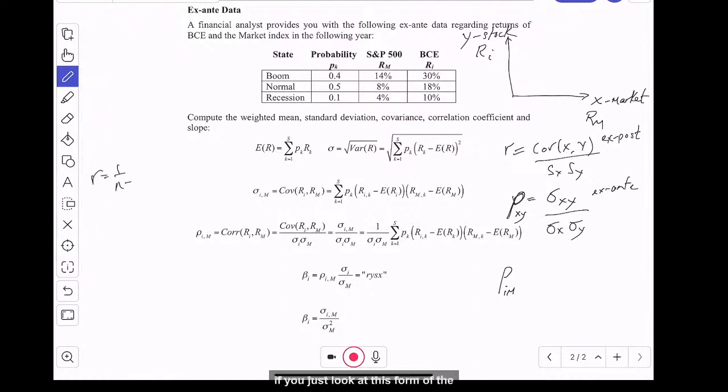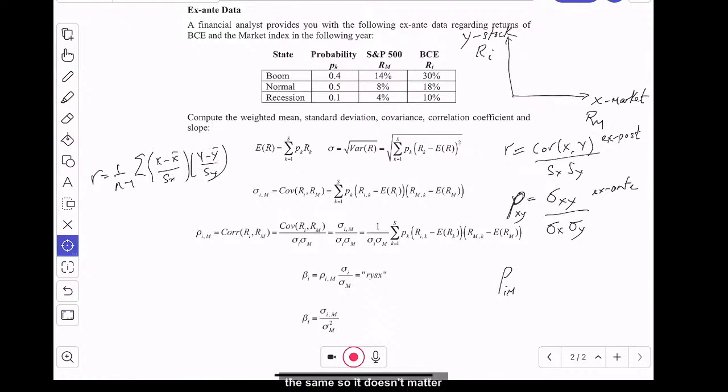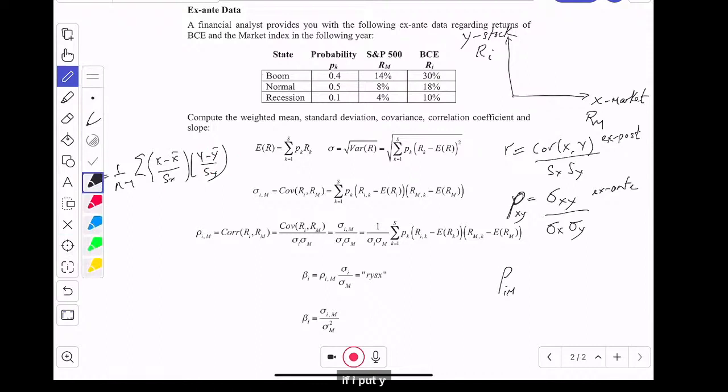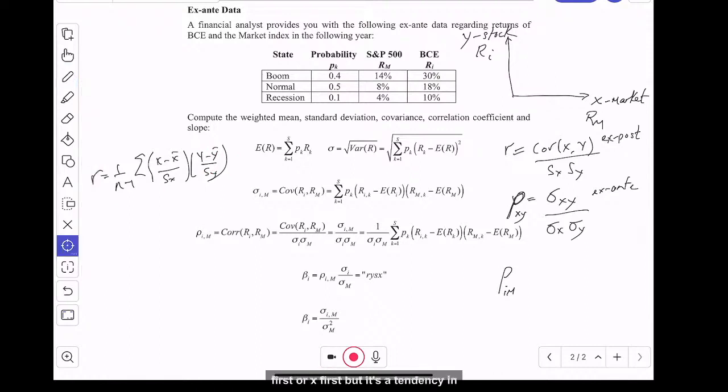If you just look at this form of the formula, whatever you do to x, you're doing to y the same. So it doesn't matter if I put y first or x first, but it's a tendency in statistics to put things in alphabetical order, so that's why x comes first and then y.